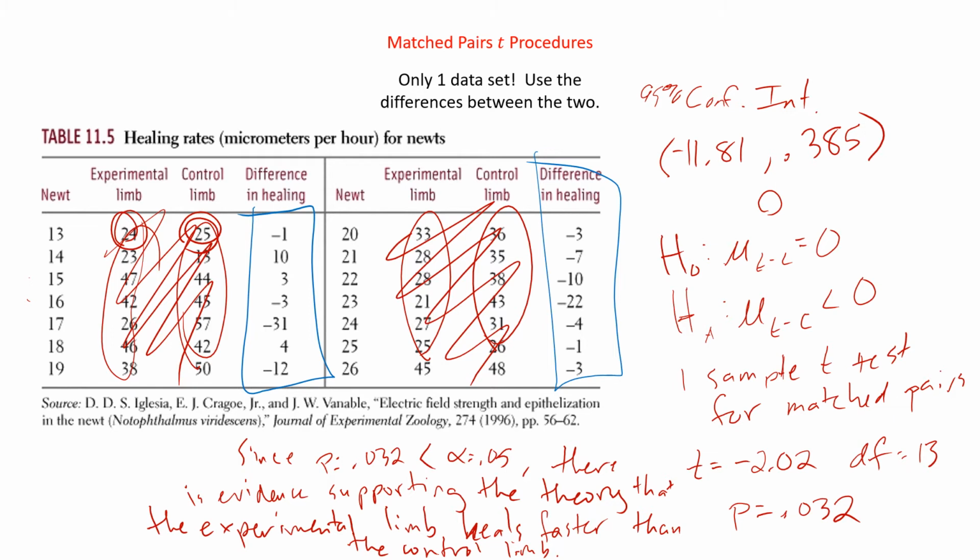You can go to the slide before, the t-table, to see that this t-value of negative 2.02 will be less than the t-value for the 0.05 p-value at the top, but it'll be in between there. So I think it goes from 0.05 to 0.025, so it should be right in between those two.